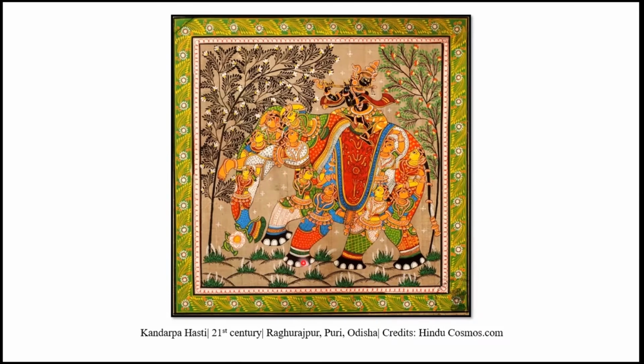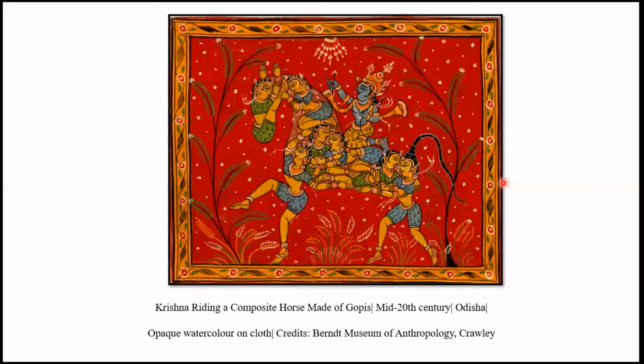The borders of their skirts form the lower part of the foot of the elephant. This is also very contemporary, and these are seven female figures. The red color is very bold and very striking.